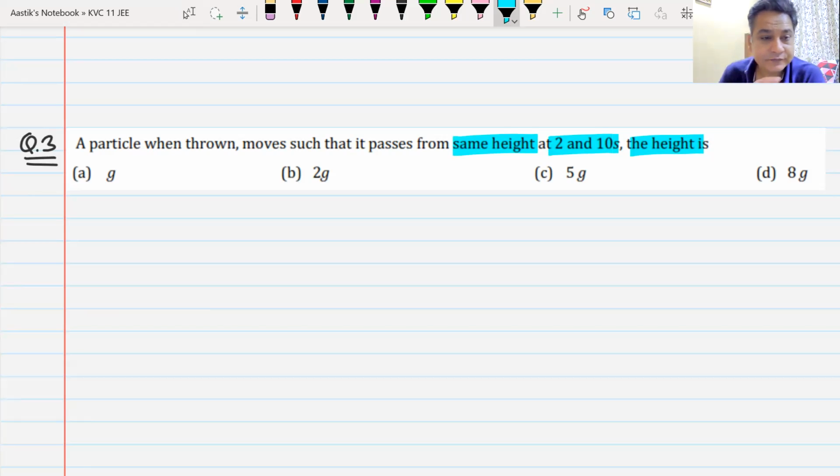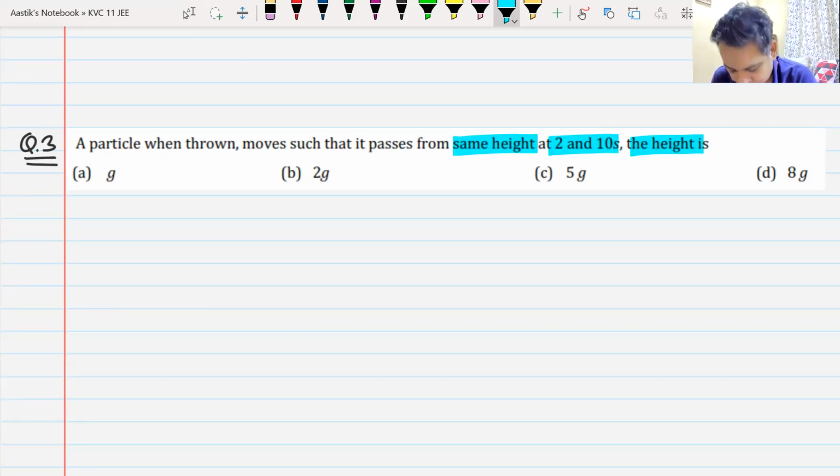Sir, 2g. How did you get it? Well done. How did you get it? Sn is equal to u plus a by 2 into (2n minus 1) formula. Where do you apply that formula, beta? Sir, the first time I have taken n as 2 and the second time I have taken n as 10.